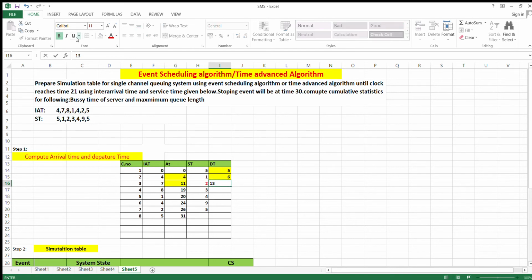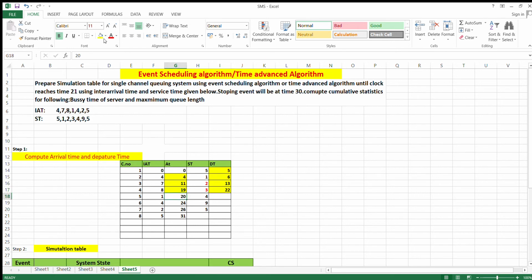Next, the previous departure time is 13, arrival time is 19. Maximum is 19. 19 plus 3, 22.